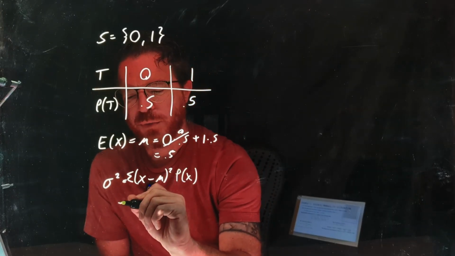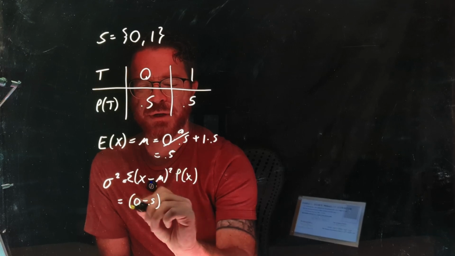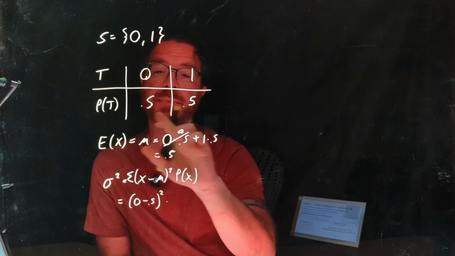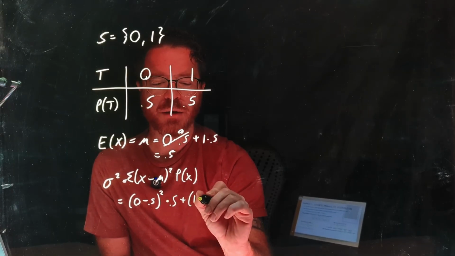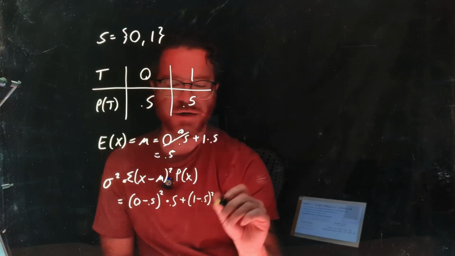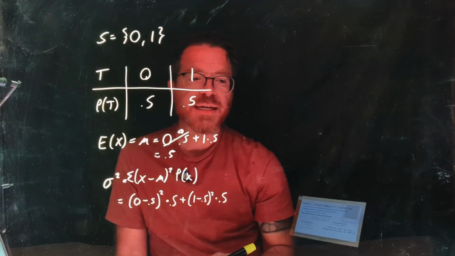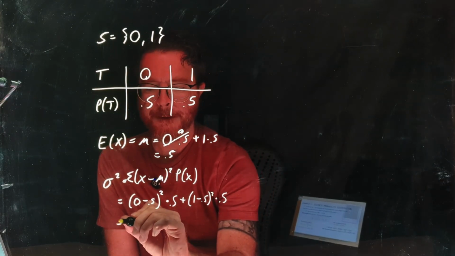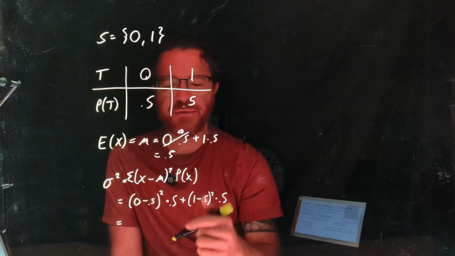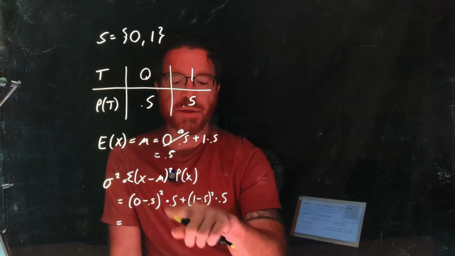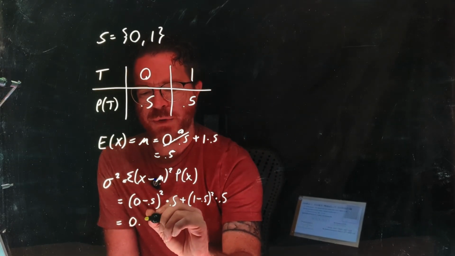So in this case, we have two outcomes, so this is going to be 0 minus 0.5 squared times our probability of getting a 0, which is 0.5, plus our outcome 1 minus 0.5 squared times our probability of getting a 1 or 1 tail. So 0 minus 0.5 is going to give us negative 0.5. Negative 0.5 squared is 0.25. 0.25 times 0.5 plus 0.25 times 0.5 would give us 0.25.